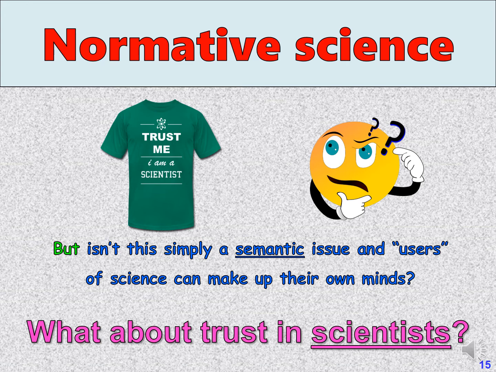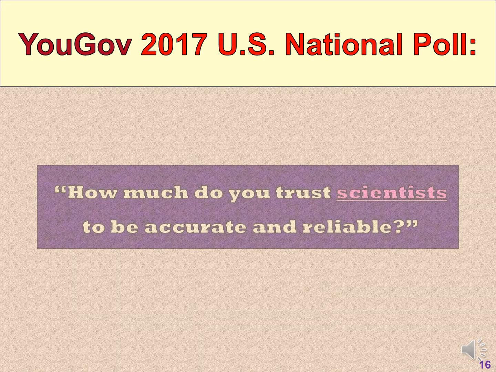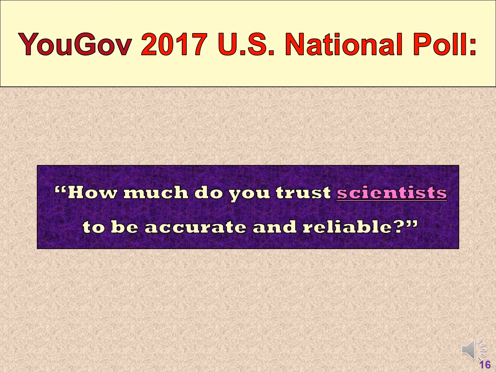So how has the public trust changed over the years, and what is it right now about the trust and the impartiality of scientists? Now, several years ago, YouGov, among other things, asked this question in a national survey. How much do you, as an average person on the street, trust scientists to be accurate and reliable?